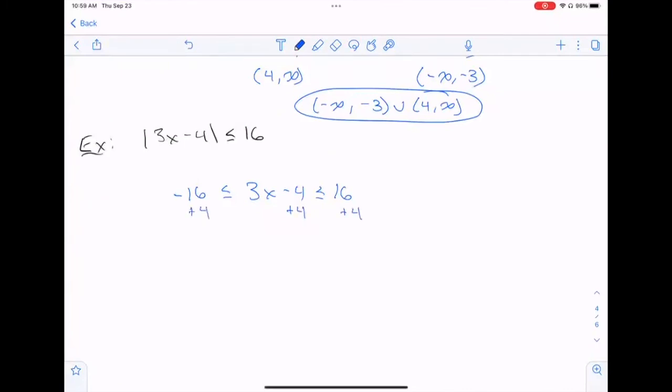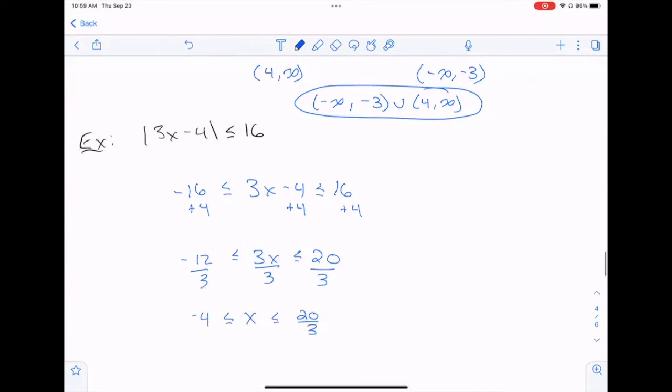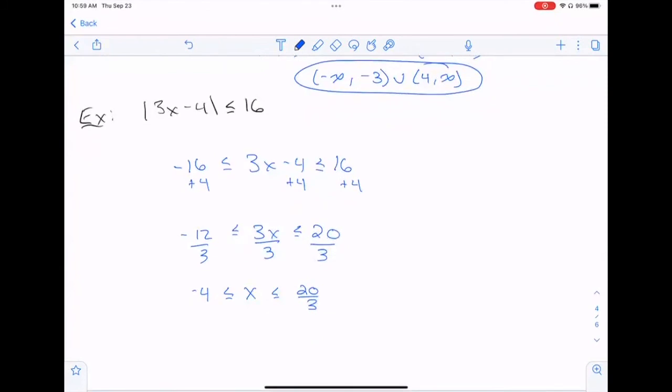I'm going to add 4 to everything, get -12 is less than or equal to 3x is less than or equal to 20, divide everything by 3, get -4 is less than or equal to x is less than or equal to 20 over 3, and we can keep that in proper fraction. I have to finally write my solution. I get -4 and 20 over 3.